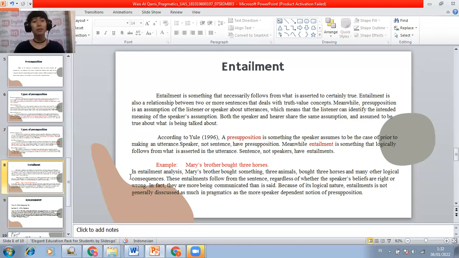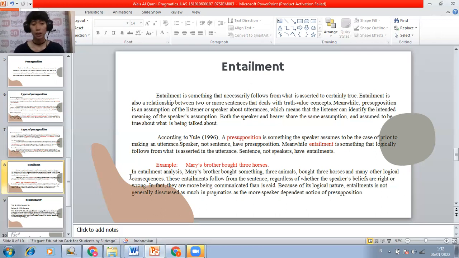While in entailment analysis, Mary's brother bought something, right? Going back to the example again, Mary's brother bought three horses. The entailment analysis would be Mary's brother bought something, Mary's brother bought three animals, bought three horses, and many other logical consequences.